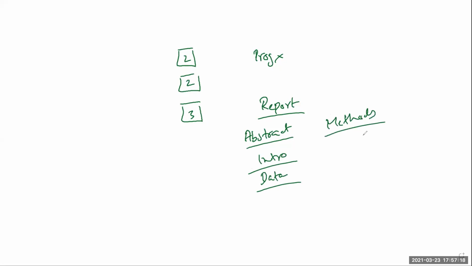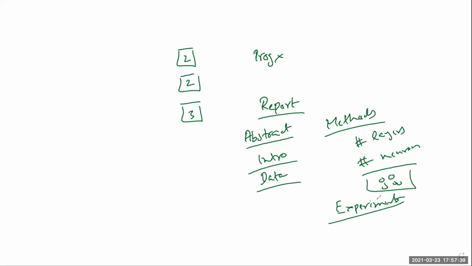This is your key section in which you introduce your model. Everyone will have a different model, right? Because everyone will have a different number of layers, different activation functions, different number of neurons, and so on, right? So you can say, okay, this is my model, something like this, whatever your model is, and then you can actually give the details of the experiments that you perform, right?